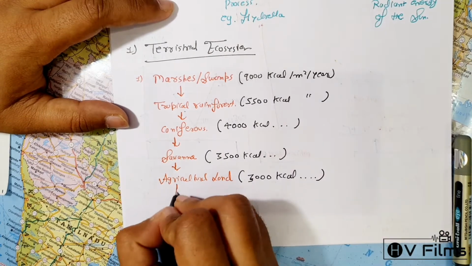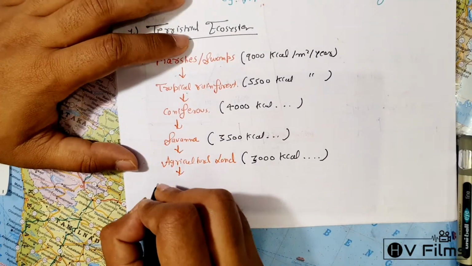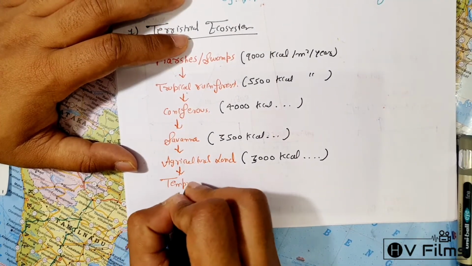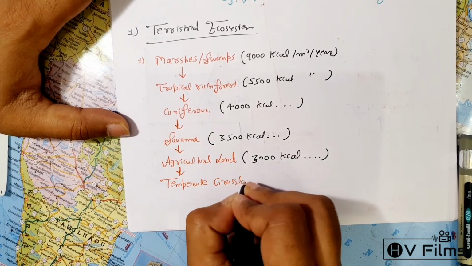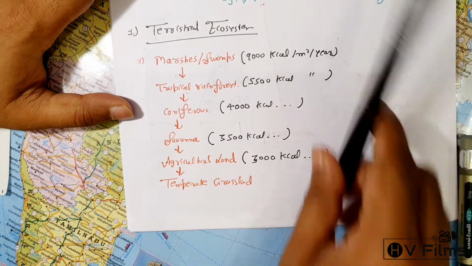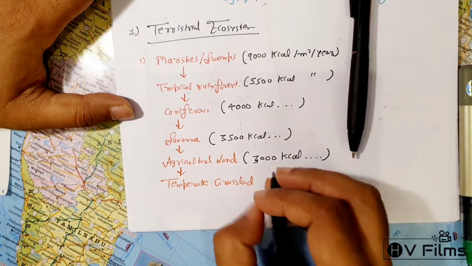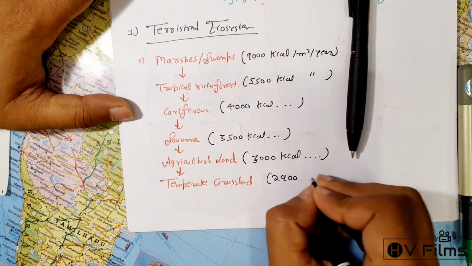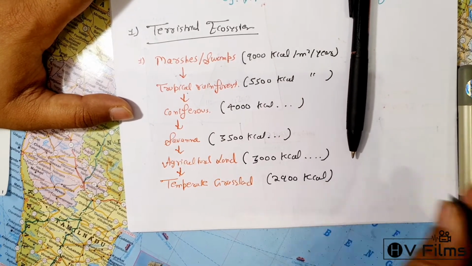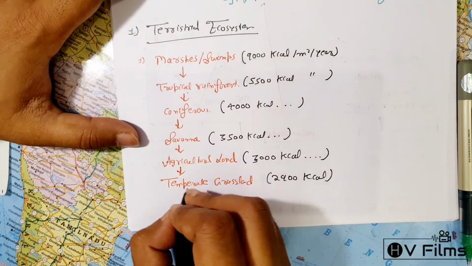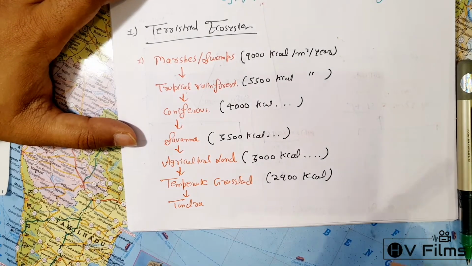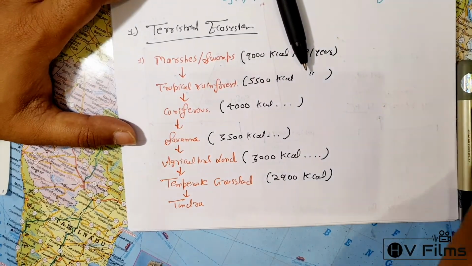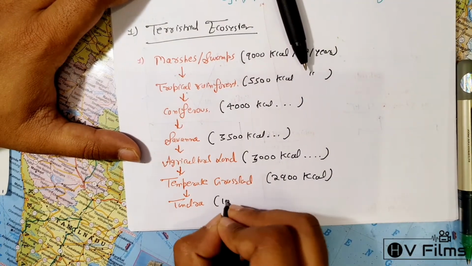Then it is temperate grasslands, around 2900, I think. And then tundra regions, and for the tundra region it is 1000.